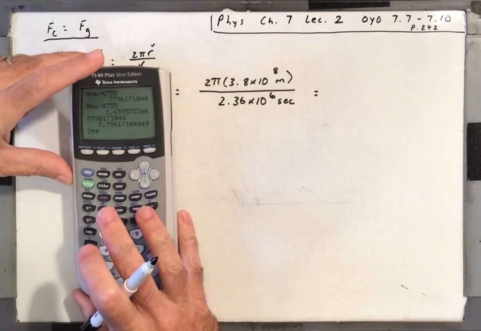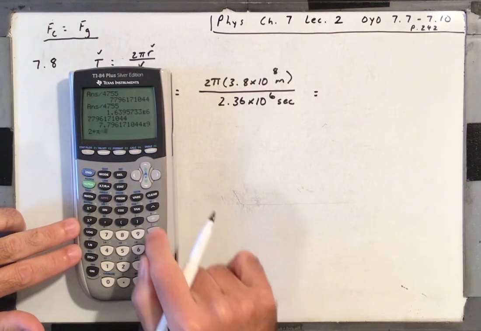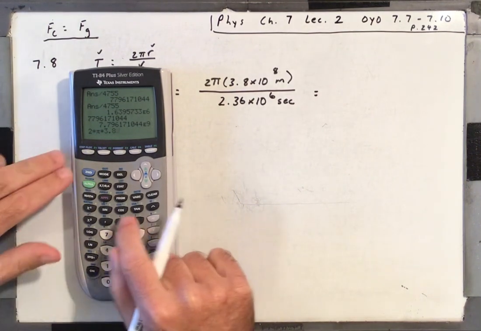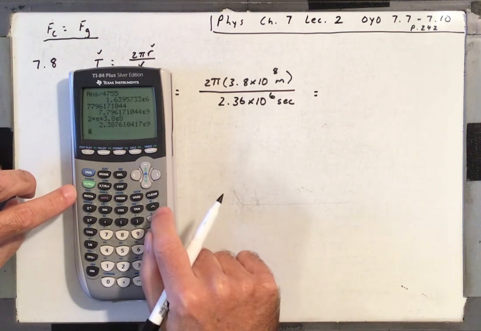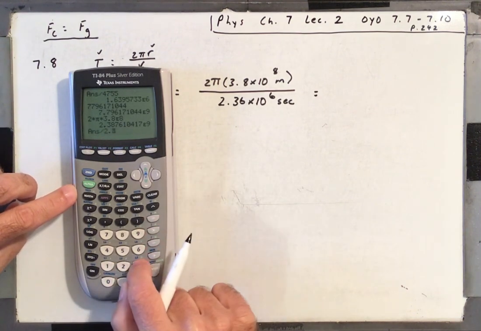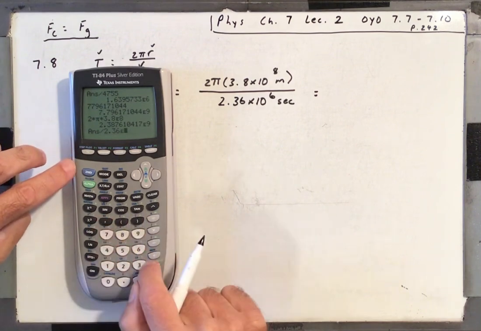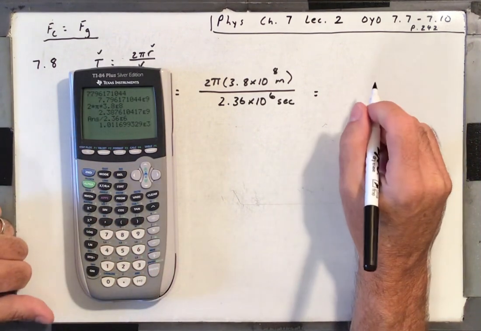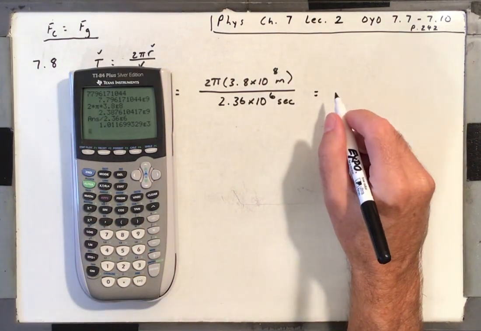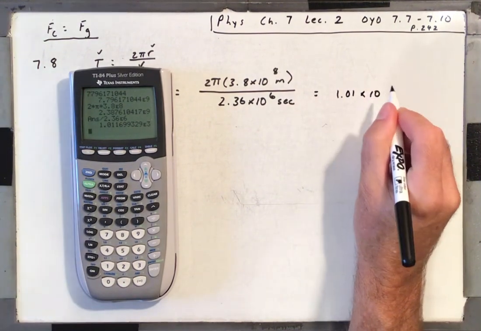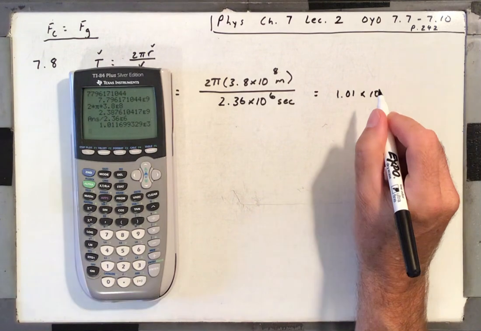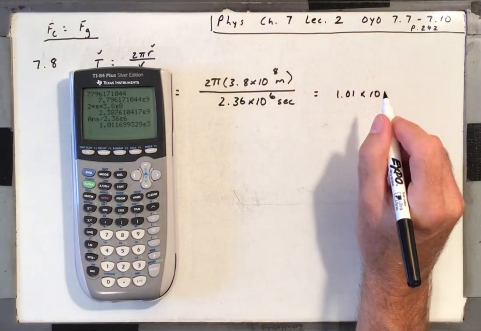All right, let's do this. 2 times pi times 3.8 times 10 to the 8th, and divide that by 2.36 times 10 to the 6th. And we get 1.01 times 10 to the 3 meters per second.